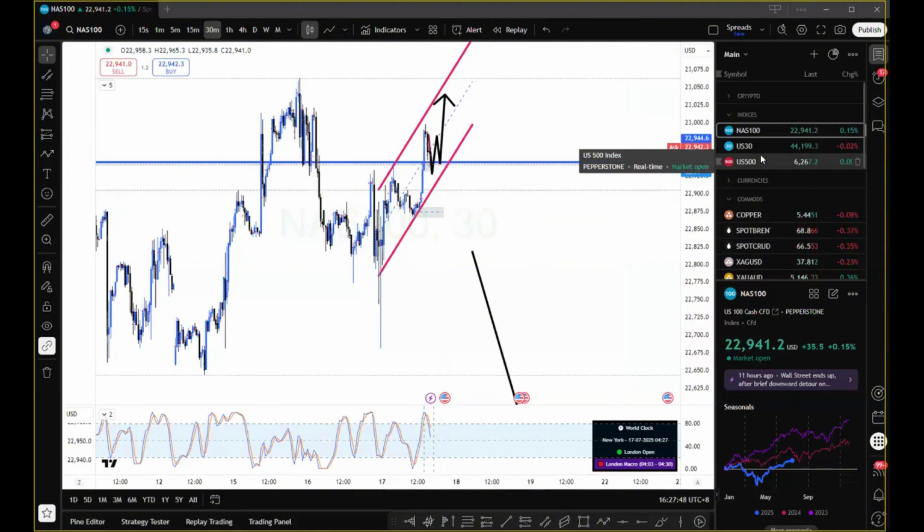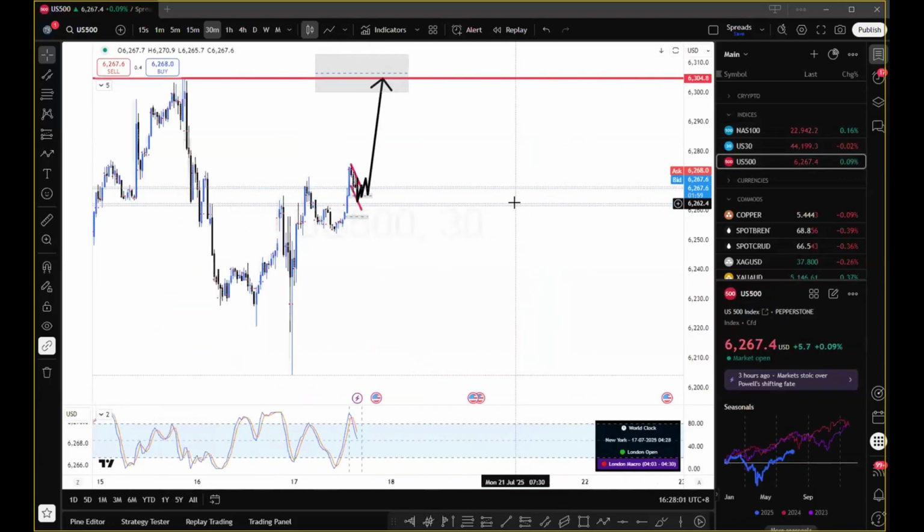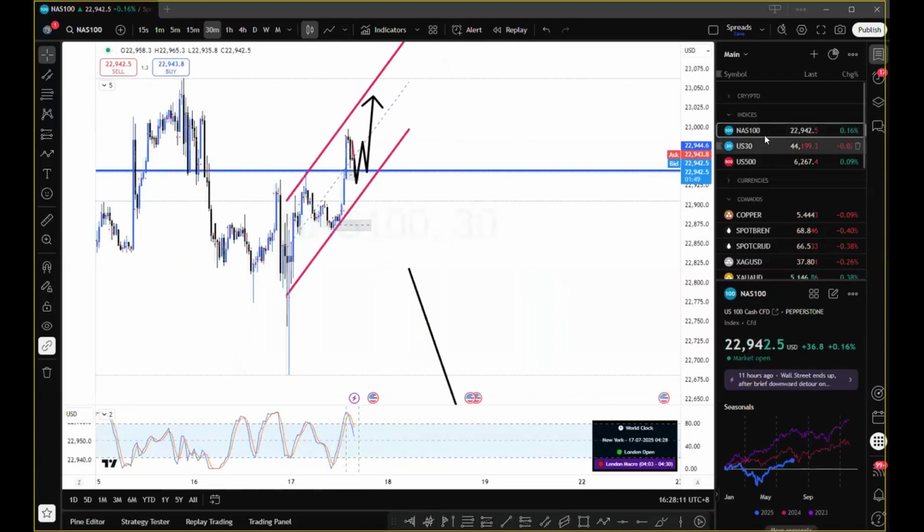So yeah, AI stocks and crypto stocks, those are the ones that are pushing the NASDAQ 100 ahead of the other two indices. So these two are lagging, especially the US 500. So in terms of potential, US 500 would have the most potential if they maintain the correlation amongst these three.